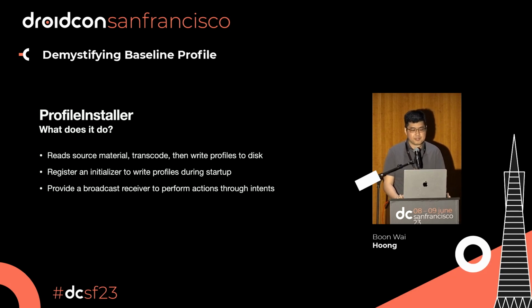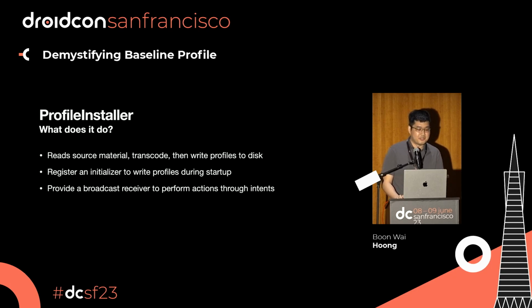So what does it do? Profile installer has many responsibilities, but in general there are three core responsibilities. There are some others, but we will only cover these three today. The first one is that it tries to read a source material, transcode it, and then write the profile to the disk itself.